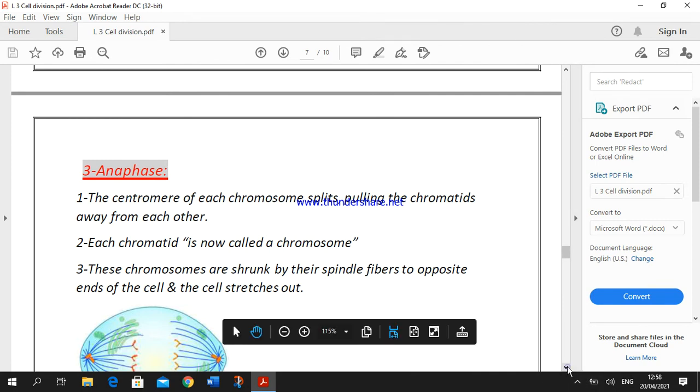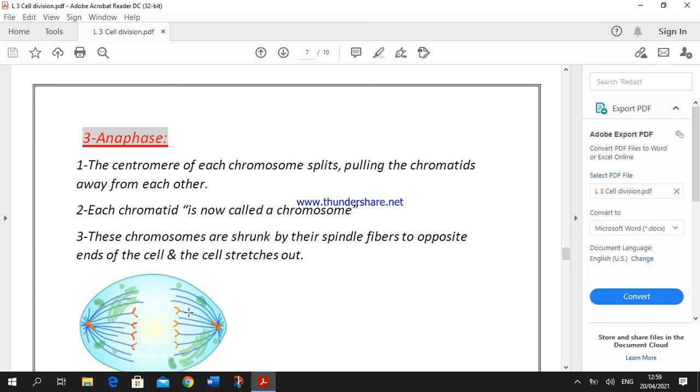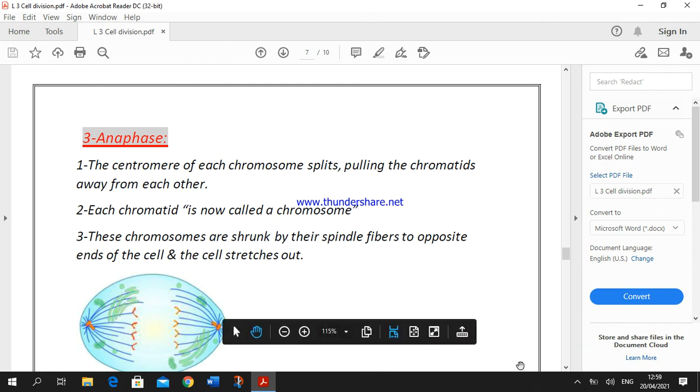What happened in this phase? The centromere of each chromosome splits, pulling the chromatids away from each other. Each chromatid now is called a chromosome, okay? Because each chromatid is identical to the other. And these chromosomes, after splitting, are pulled by the spindle fibers to the opposite ends of the cell. And the cell stretches out.